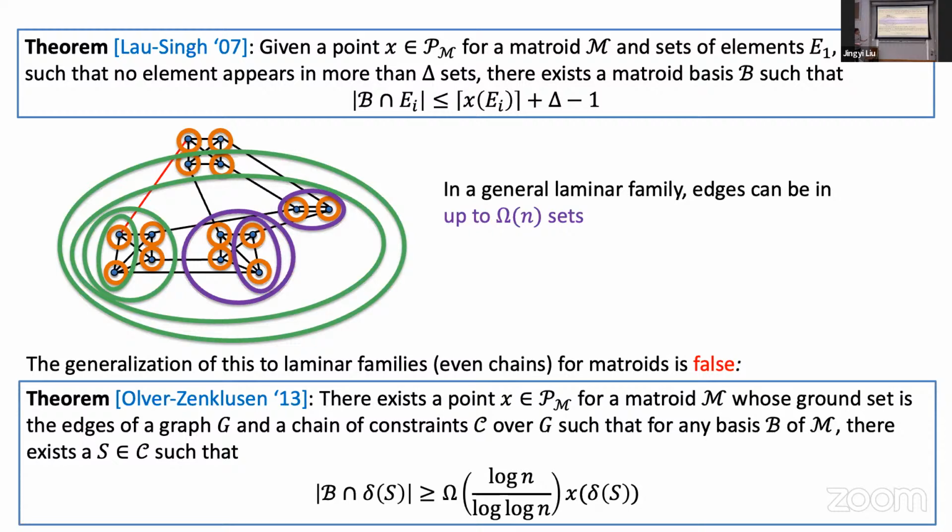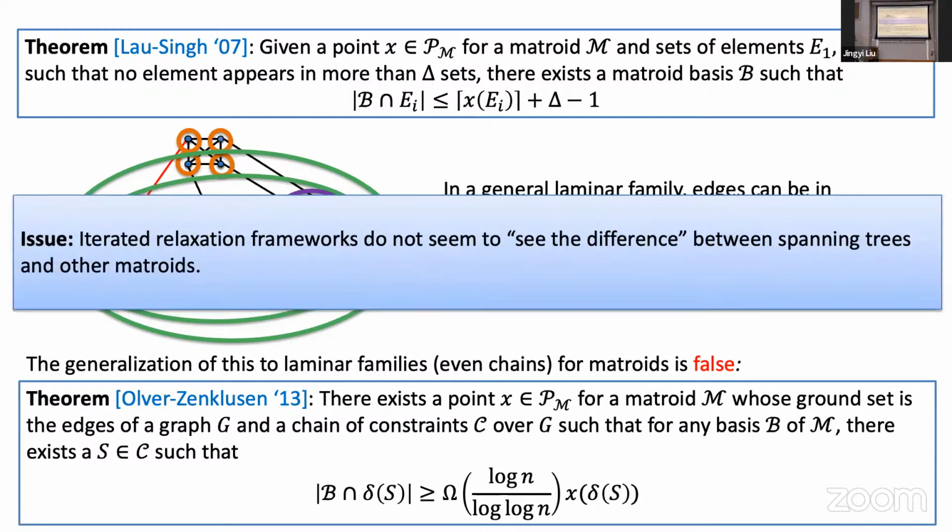So my point is just that iterative relaxation frameworks generally do not really see the difference between different matroids. And if we want to prove the thin tree conjecture for laminar families, it's false for other matroids. So if we want to use this technique, we're really going to have to use the fact that we have a spanning tree and not some other matroid. So that's the challenge.